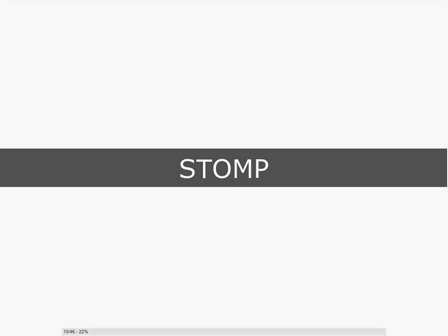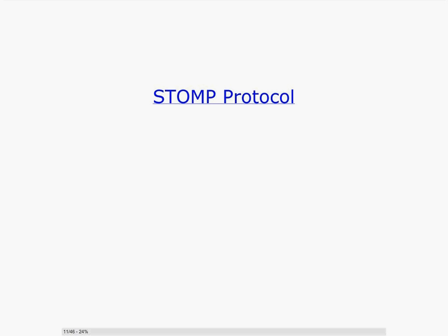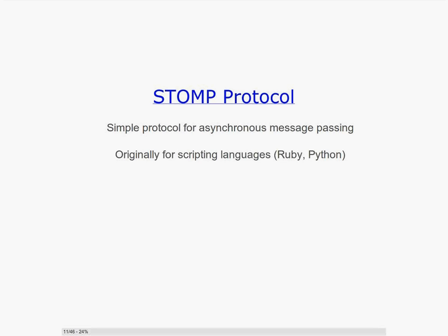So with that in mind, I'm going to now start explaining a little bit about the STOMP protocol, just a very quick overview. What is STOMP? STOMP is a simple messaging protocol for the exchange of messages, supports basic message patterns. It was originally created for scripting languages like Ruby and Python to allow them to connect to enterprise message brokers.